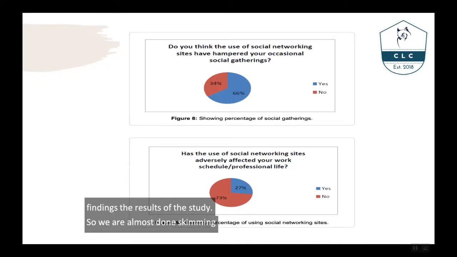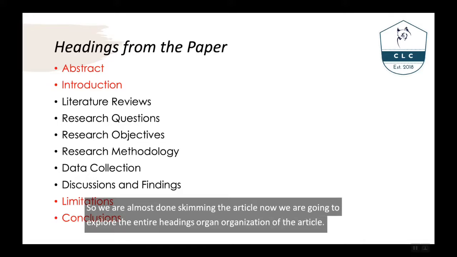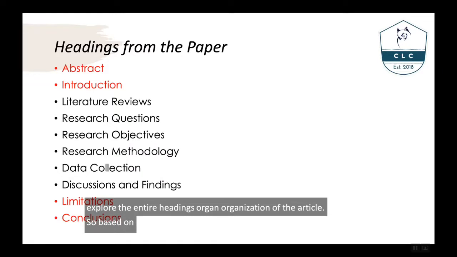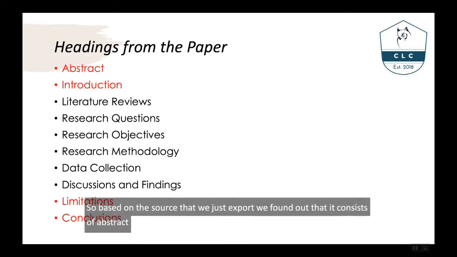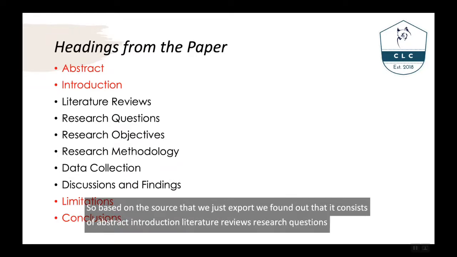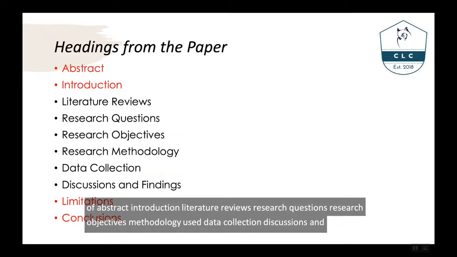Now we are going to explore the entire headings or organization of the article. Based on the source that we just explored, we found out that it consists of abstract, introduction, literature reviews, research questions, research objectives, methodology used, data collection, discussion and findings, limitations, and conclusions.